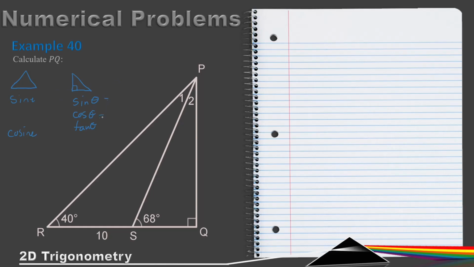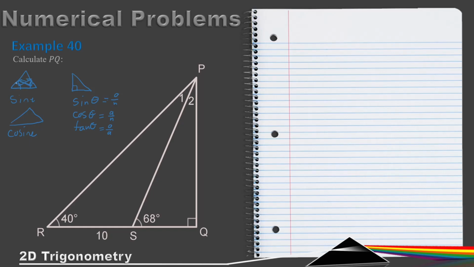We know that these are opposite over hypotenuse, adjacent over hypotenuse, and opposite over adjacent. To identify them more easily, remember that with sine, you are using an angle with its opposite side, and then also another angle with its opposite side.